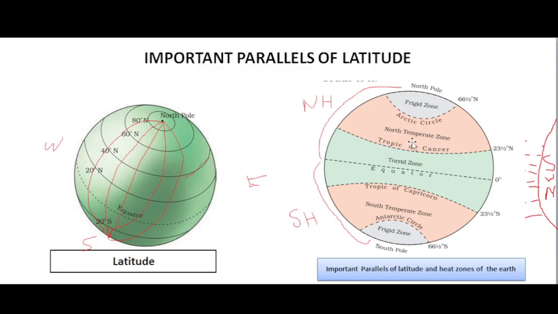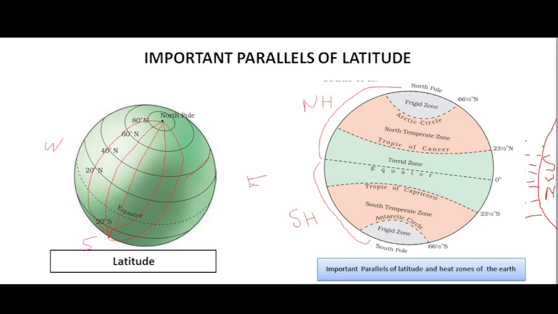It is at an angular distance of 23.5 degrees north from the equator. And if you see the map of India, you will find the Tropic of Cancer runs in an east-west direction almost midway through our country.